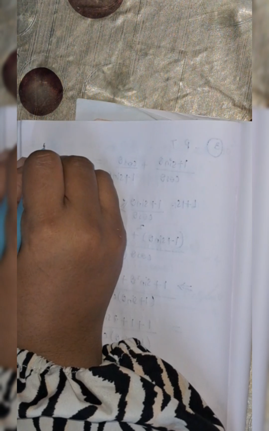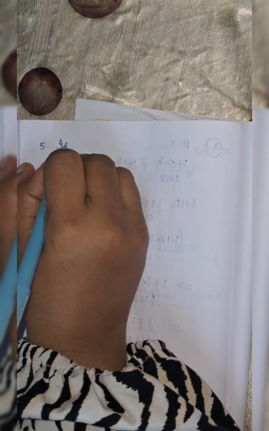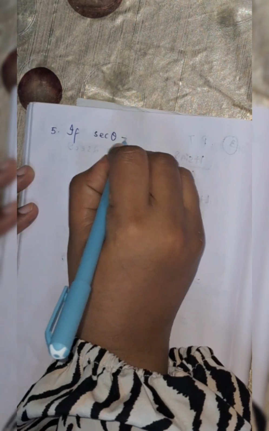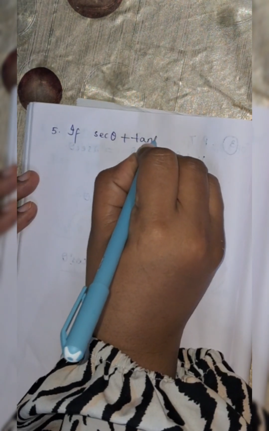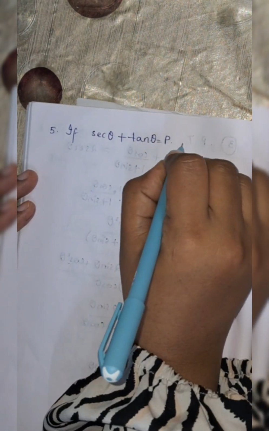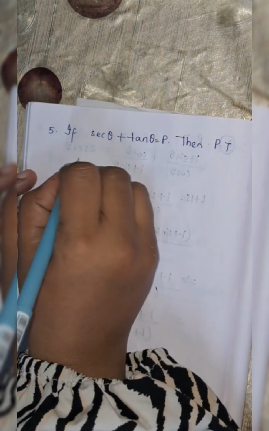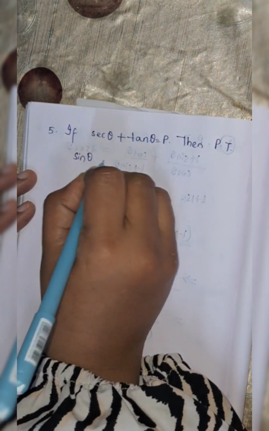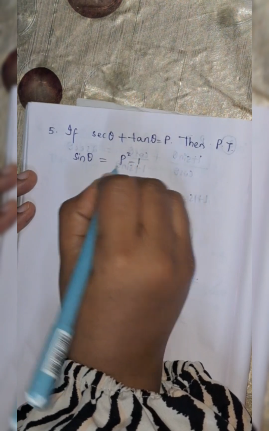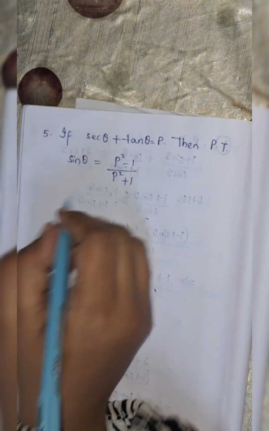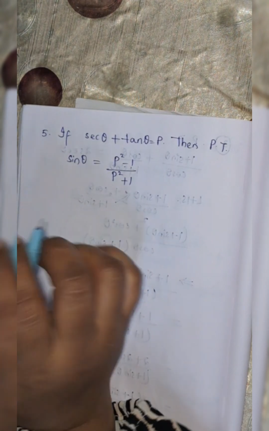Let us do the last important question, question number 5. If sec theta plus tan theta is equal to P, this is very important, then prove that sin theta is equal to (P square minus 1) by (P square plus 1). What we have to do here is suppose something.